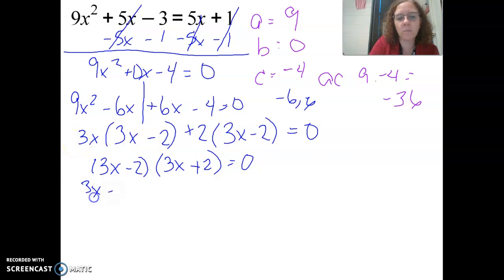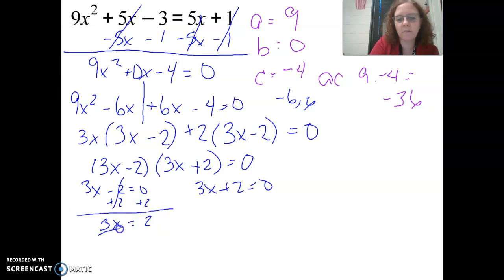All right, we're going to set both of those equal to 0. Do the opposite operation to solve both of them, trying to get x by itself. So x equals positive 2/3 on this side.